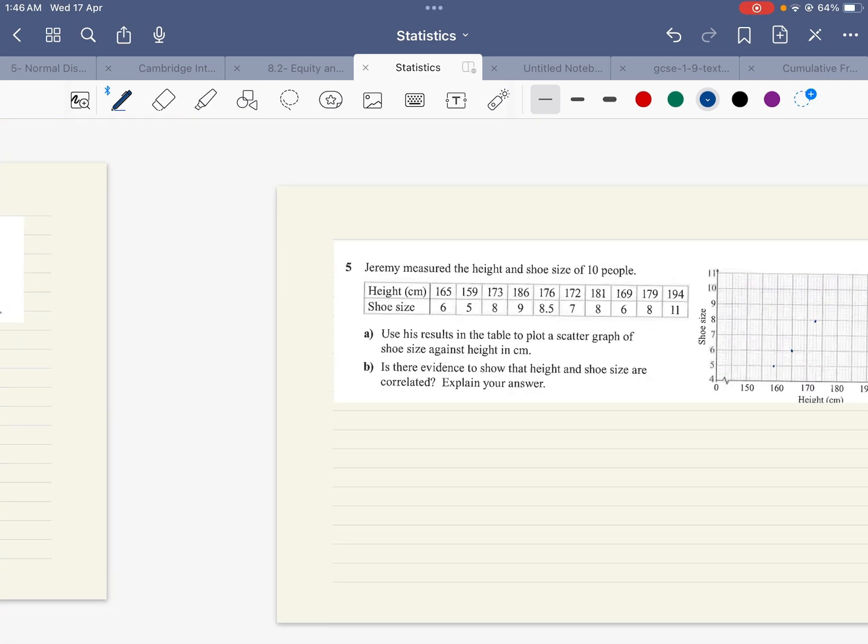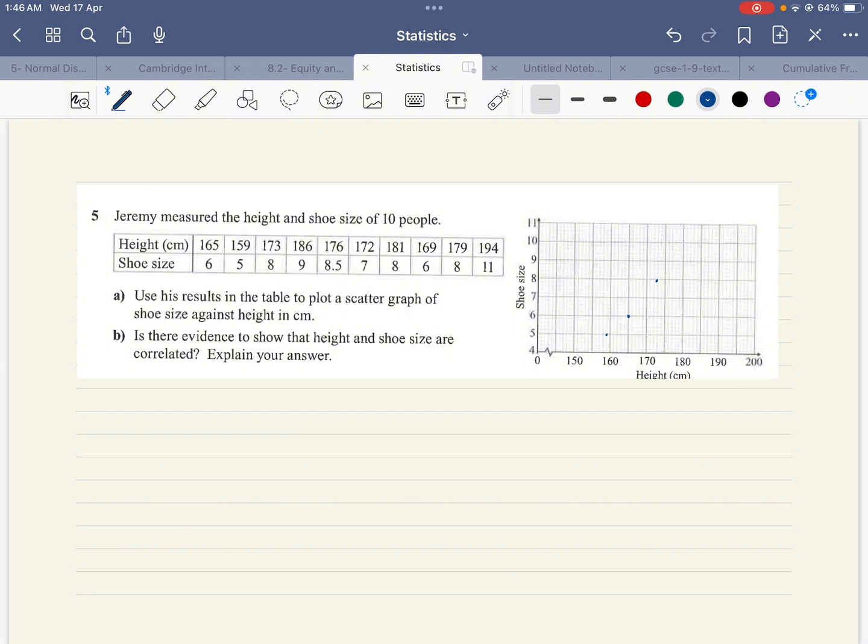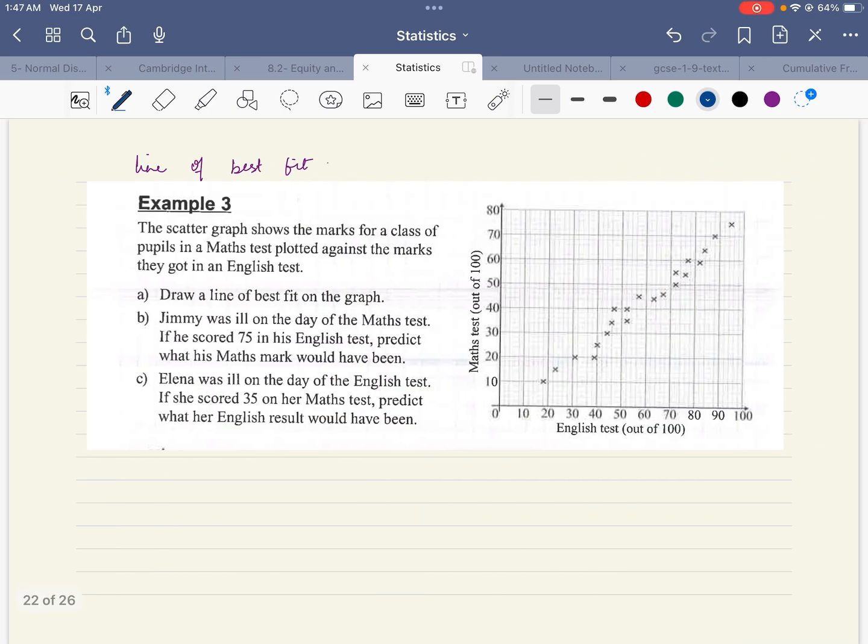Okay, and so forth. You will draw all of them, and you will pass a line through it, and then you will show whether there is evidence of correlation. You will explain your answer by saying there's a strong positive or weak positive or any kind of correlation, or maybe there is no correlation because all the points are scattered and a line cannot be passed through them.